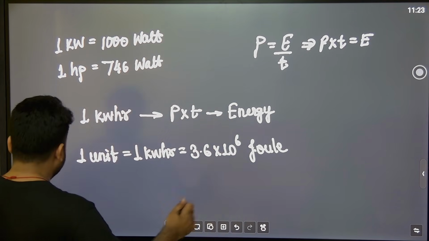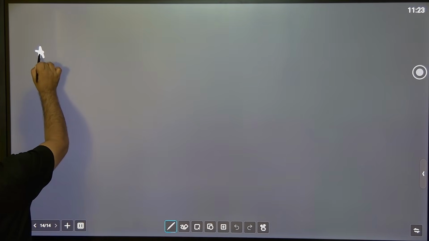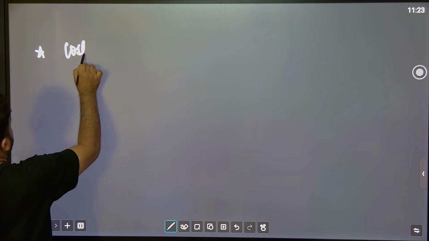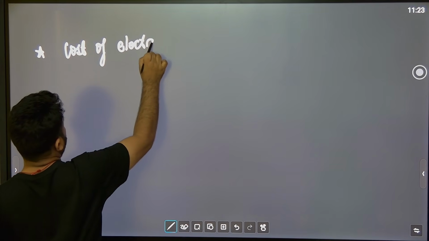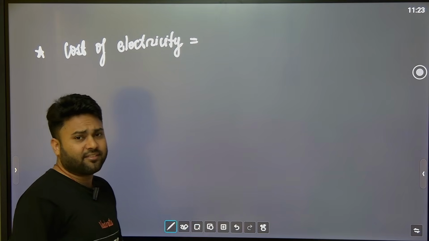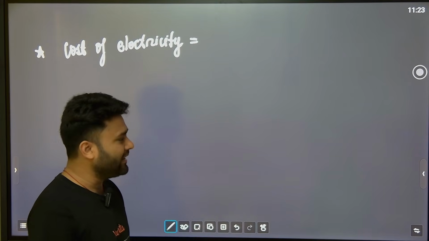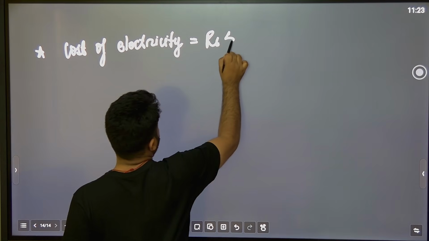Means you must have heard at your home your father saying the cost of electricity, that electricity bill you are getting now. So the cost of electricity is rupees, suppose, 5 per unit.